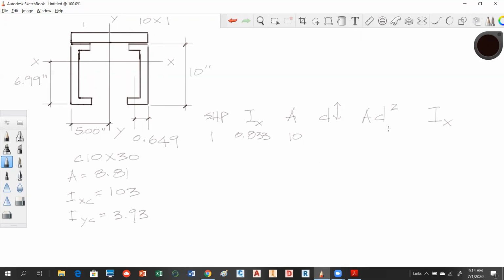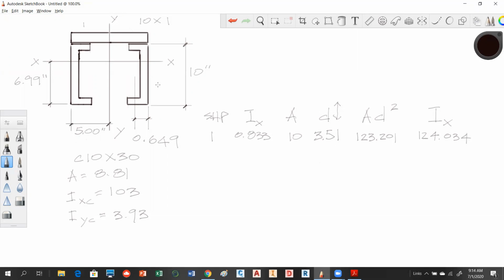And so that gives us, if we do that math, I'm coming up with 3.51 inches. So we're going to square that, multiply it by the area, and we should come up then with 123.201. That added to that is going to give us 124.034 inches to the fourth.